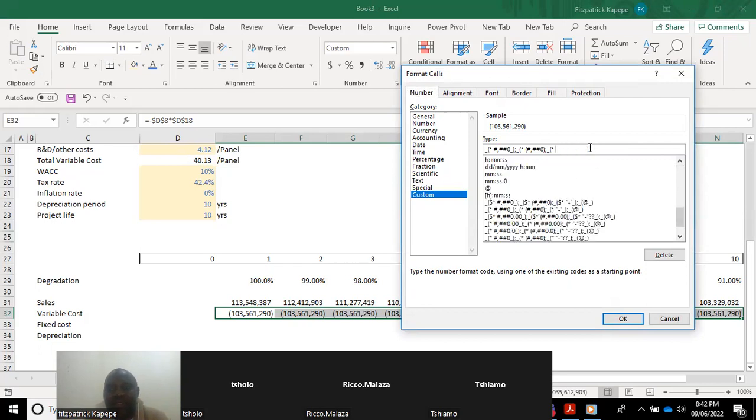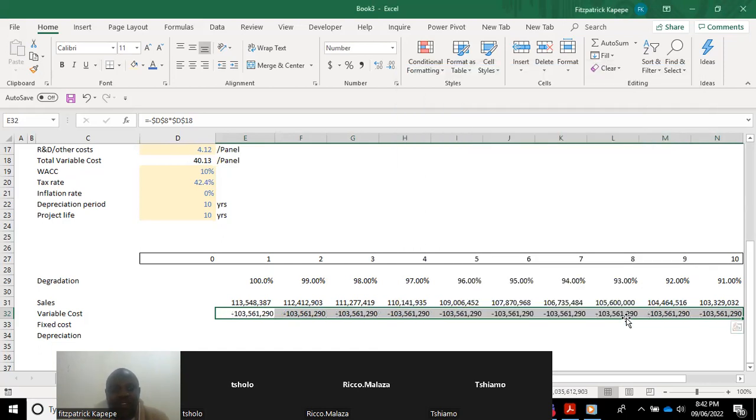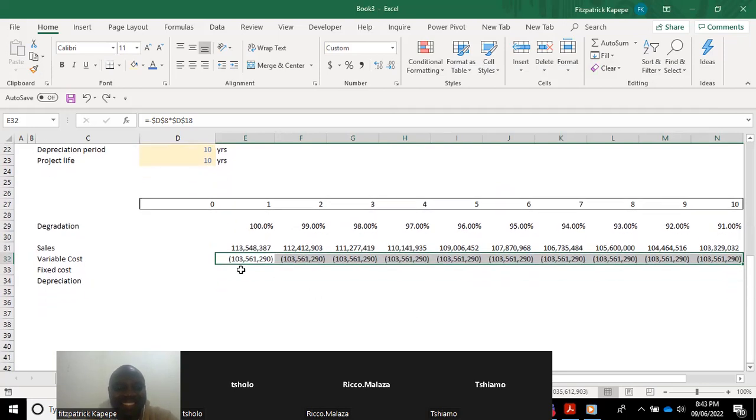I'll say negative hash, comma, hash, 0, something like that. But look how ugly it looks. As accountants, we don't do that. So rather we format them like this.